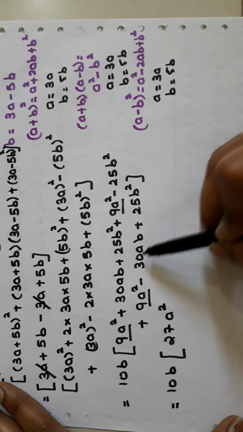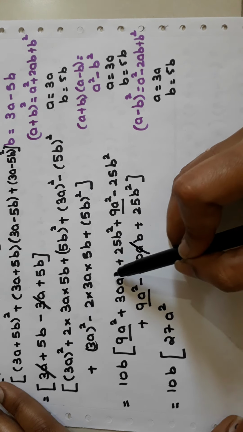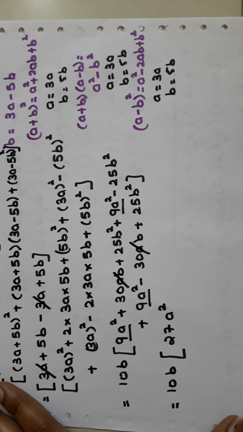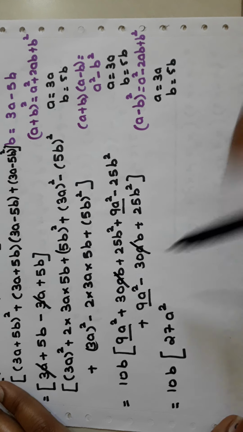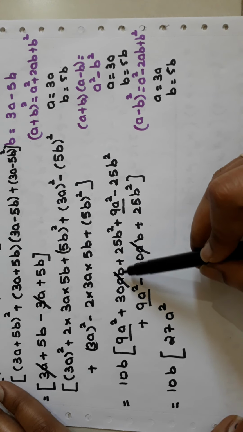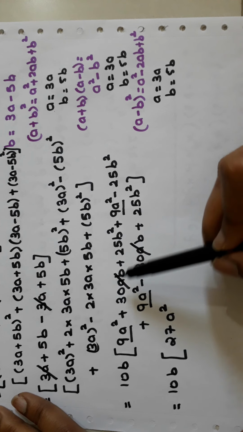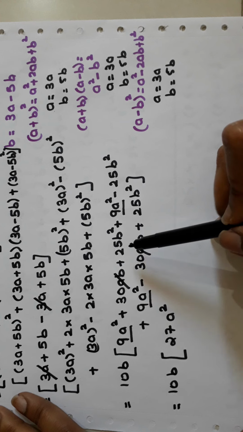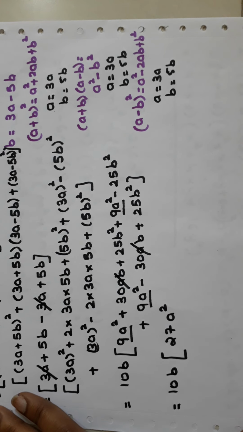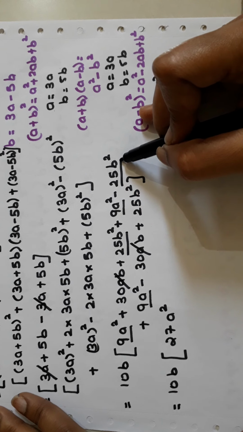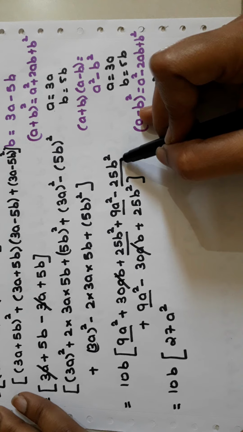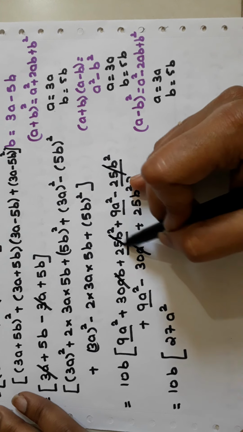30ab plus 30ab and minus 30ab cancel out because both are like terms but with opposite sign. The variables in both the terms are a and b and the power of both variables is also the same, but both terms have opposite sign, so you can cancel the terms. 25b square minus 25b square: like terms but with opposite sign, so cancel out.